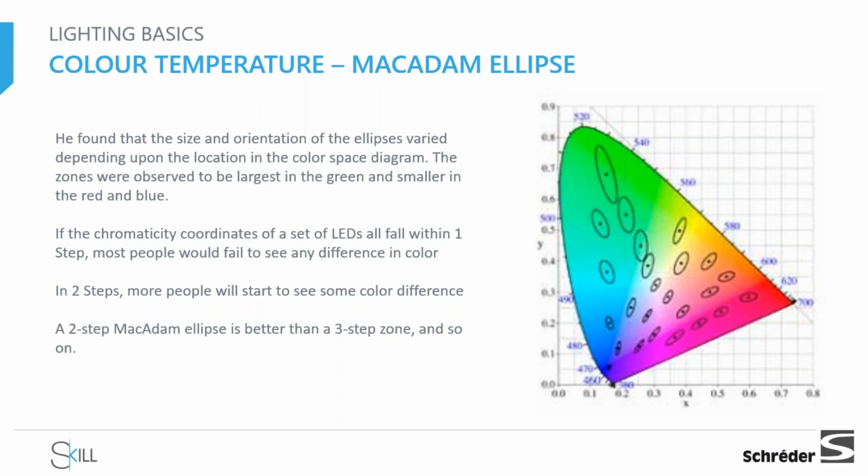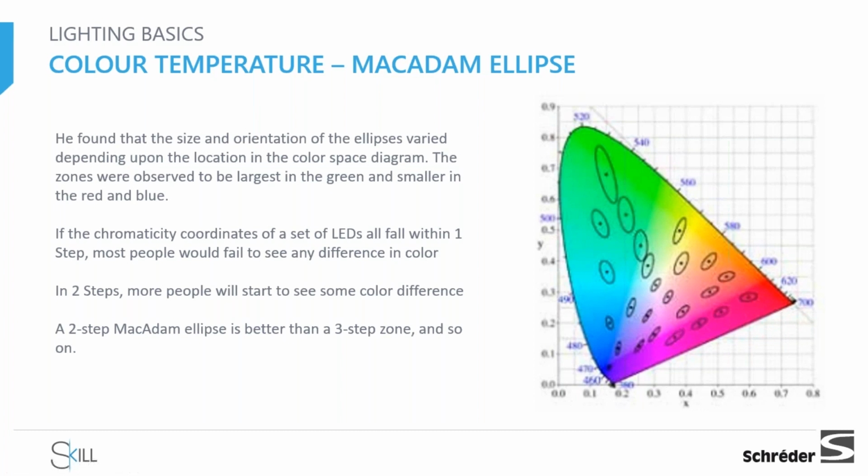The zones were observed to be largest in the green area. If you see here, this is very large compared to the red or the violet area. What does this mean? It means that it is much more difficult to distinguish between color differences in the green area compared to the red area. It's easier for us to see that there is a difference between this color and this color in the reddish area.